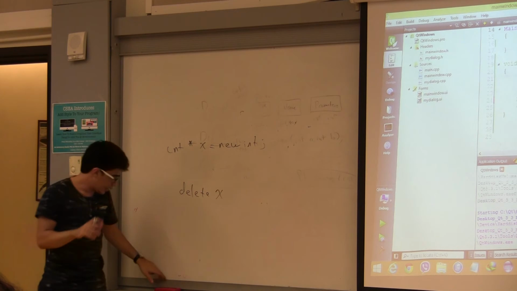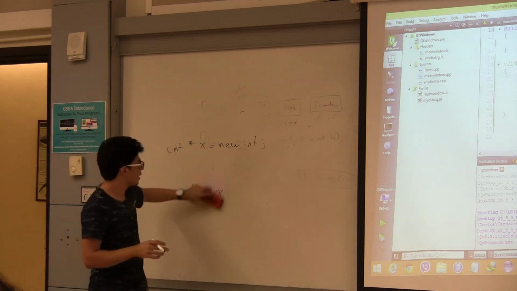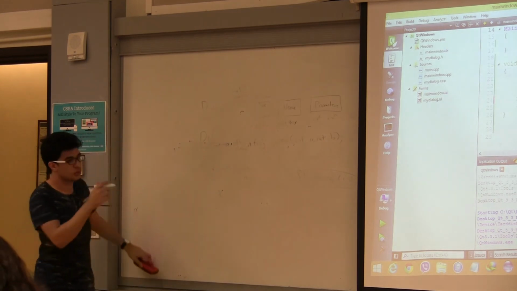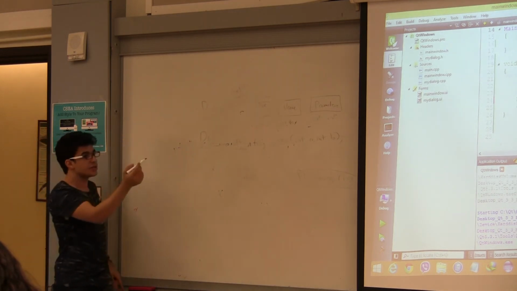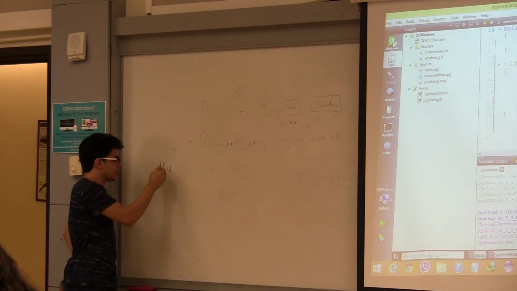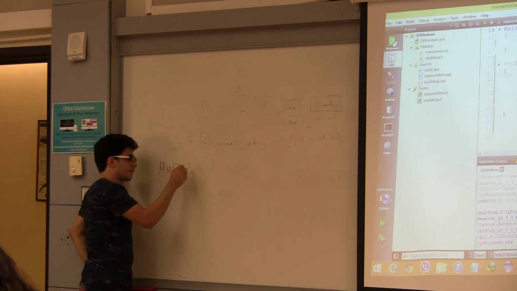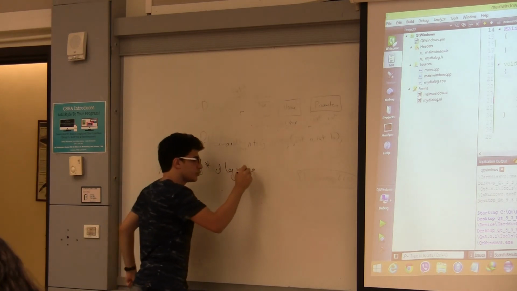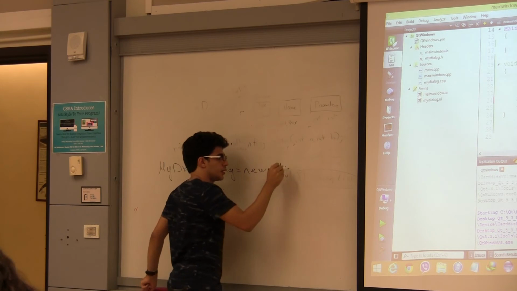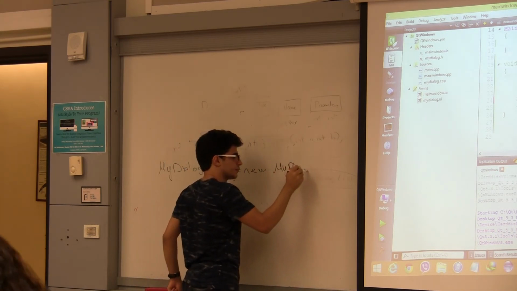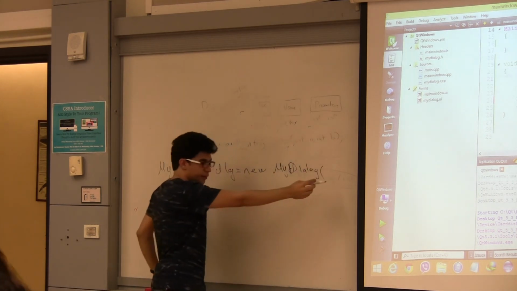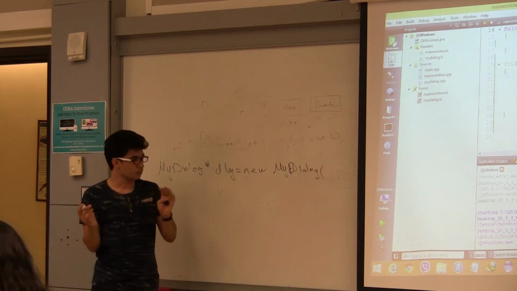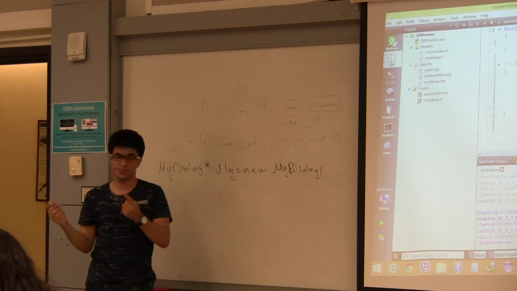Qt uses some trick to have the same effect. So instead of having to deallocate the object, as you have seen here, I say my dialog, for example, dialog equals new MyDialog, and in the constructor of any QObject, it takes a parameter, at least one parameter, which is the parent.